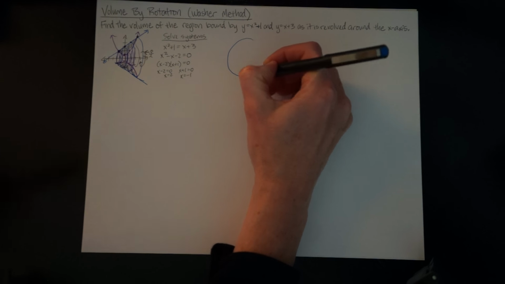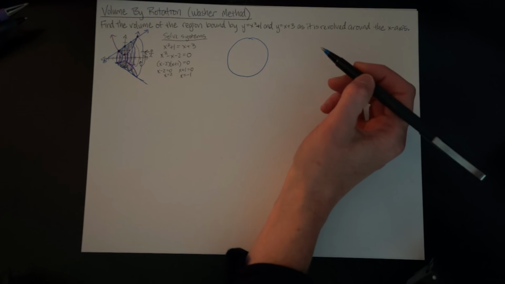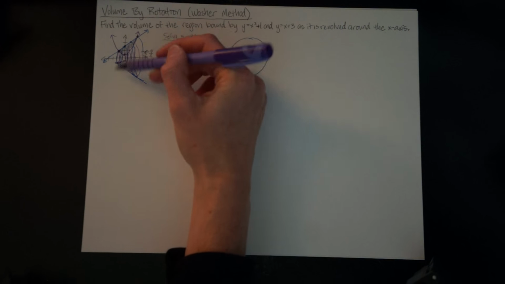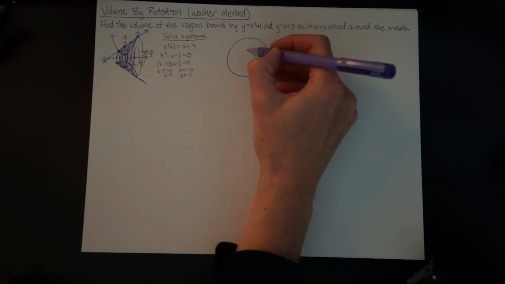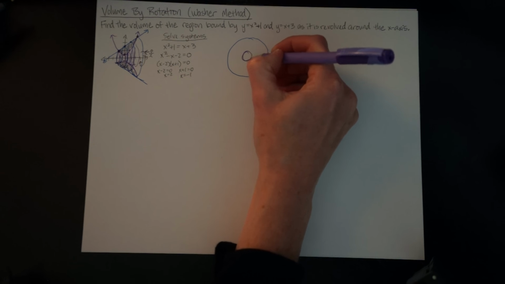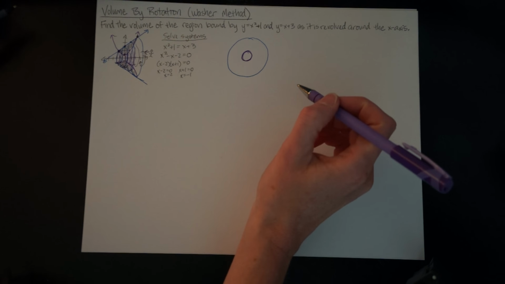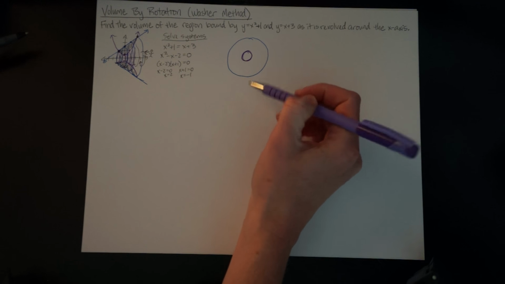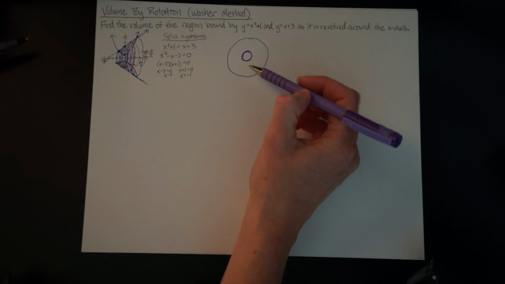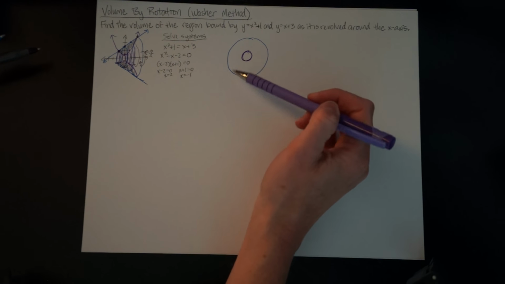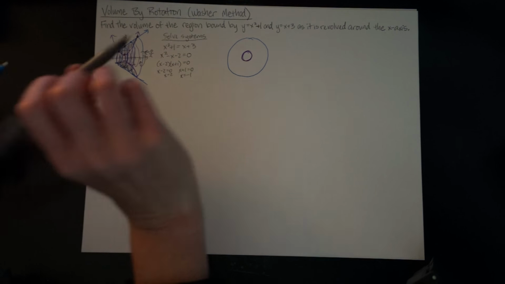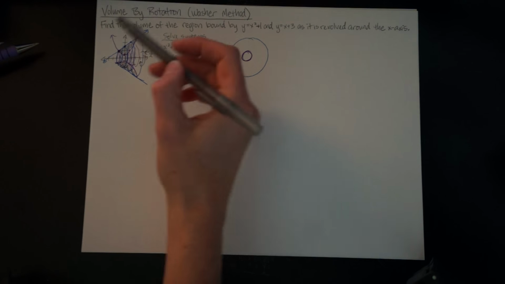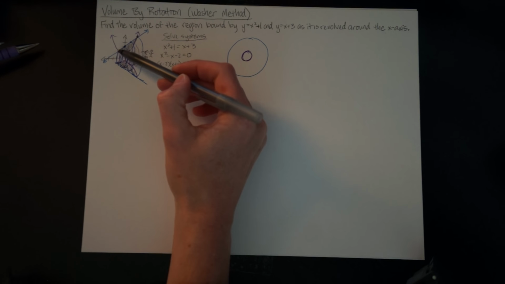I'm actually going to see that outside blue circle, because for the most part it's the widest point of any part of my function. And then I'm going to look down and I'm going to see a smaller hole cut out by the smaller purple parabola that's going down in there. So it's kind of a nice washer here, which is why this is called the washer method, if you remember those metal cylindrical objects. So if you notice, our radius is going to be changing here because these are functions.